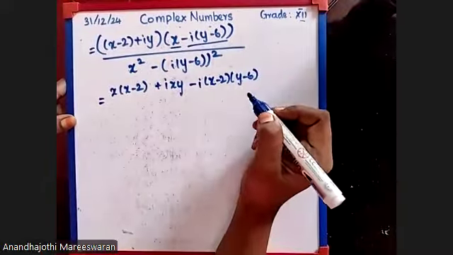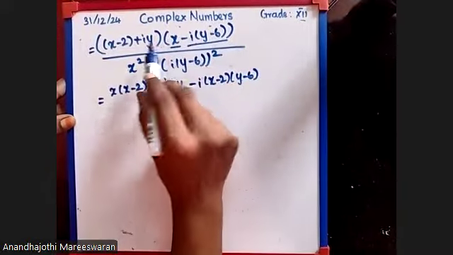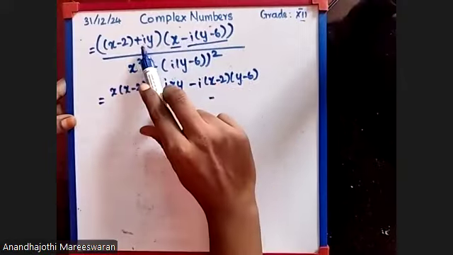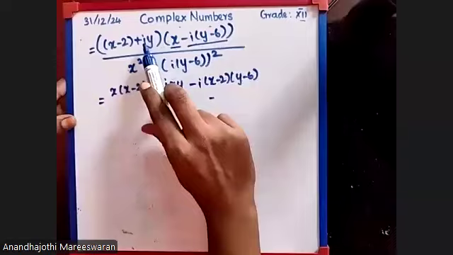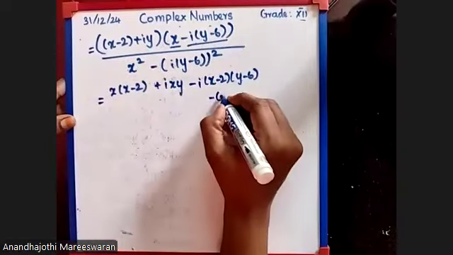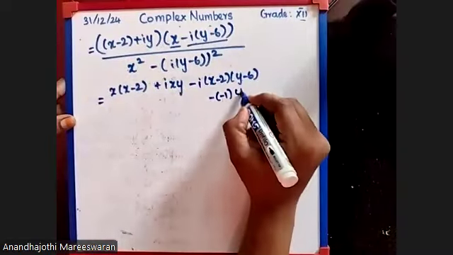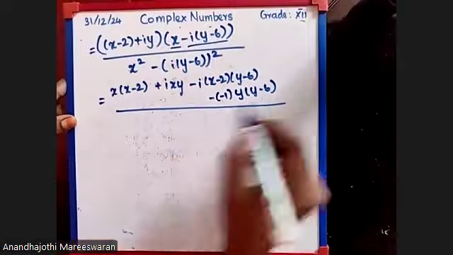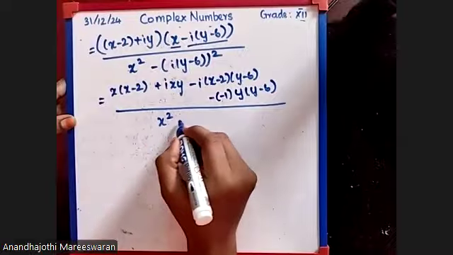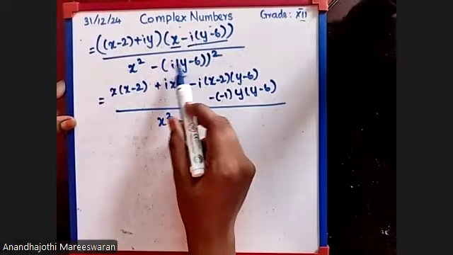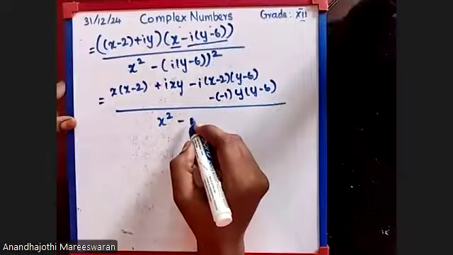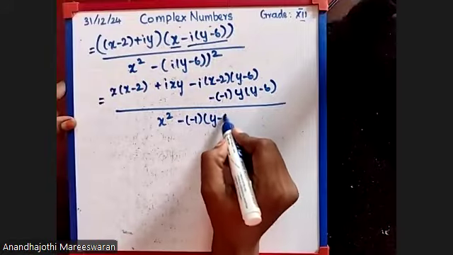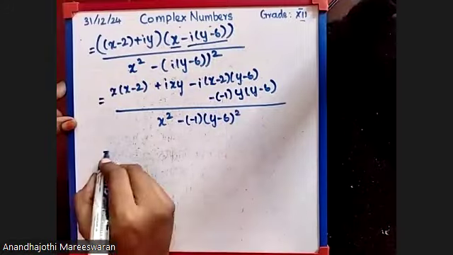Then we multiply this term with iy, so minus i into i squared, whose value will be minus 1, so minus 1 y multiplied by y minus 6, divided by x squared minus i the whole squared, where i squared value will be minus 1, multiplied by y minus 6 the whole square.